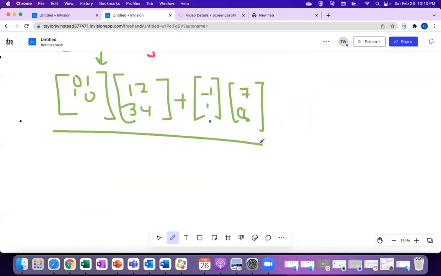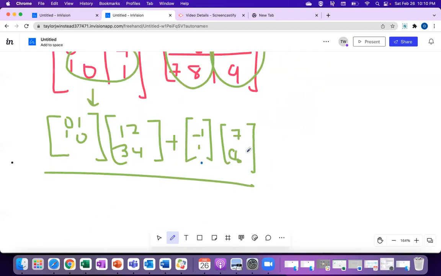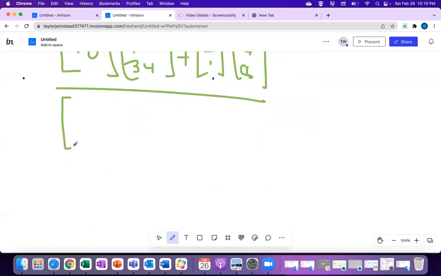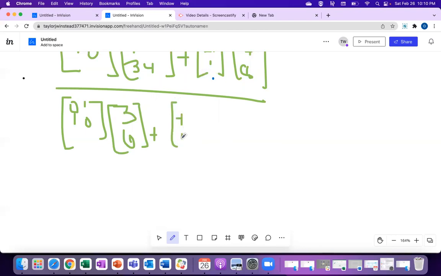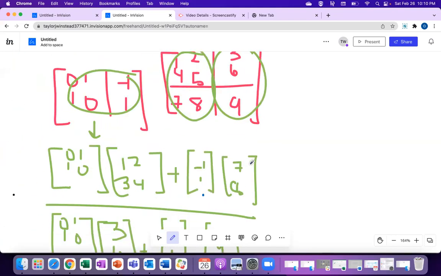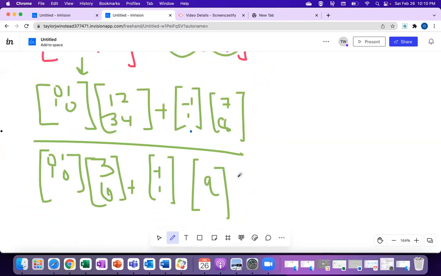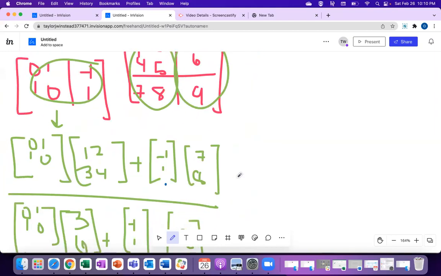And then on the bottom, we would have 0, 1, 1, 0 times 3, 6, plus negative 1, 1 times 9. Now, that would be how you would go about multiplying all of this out. And then you would actually multiply the components times the components and see what you got.